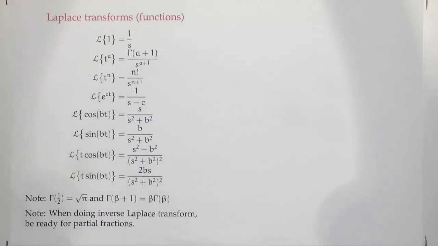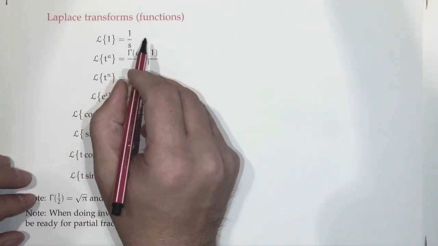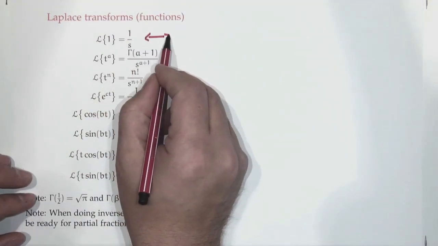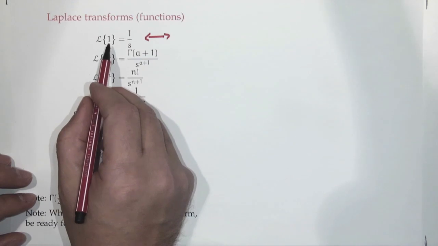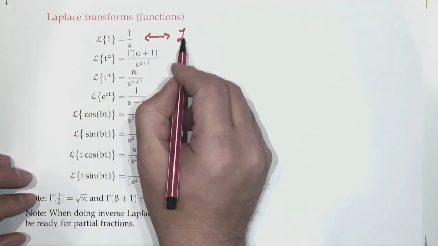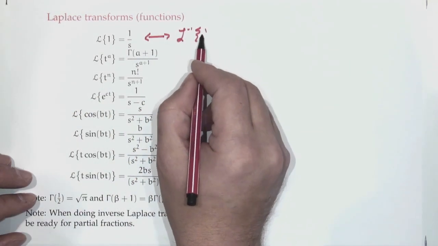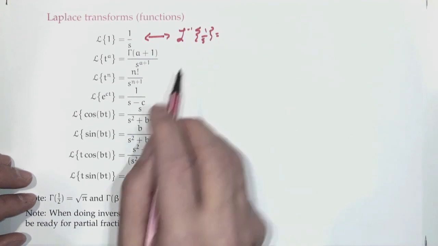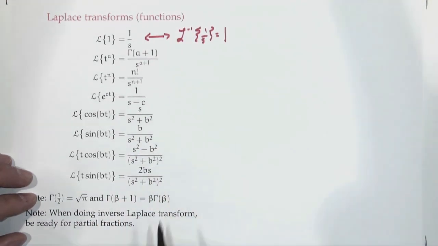Now, of course, it should be noted that all these really come in pairs. Now, what do I mean by all these come in pairs? Well, for instance, we'll just pick on the first one. If the Laplace transform of 1 is 1 over s, we can also talk about the inverse Laplace transform of 1 over s. And what would that be? 1. Right.